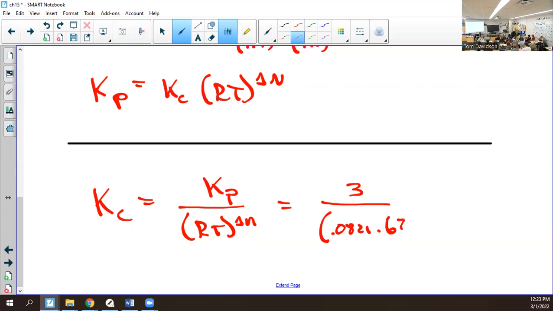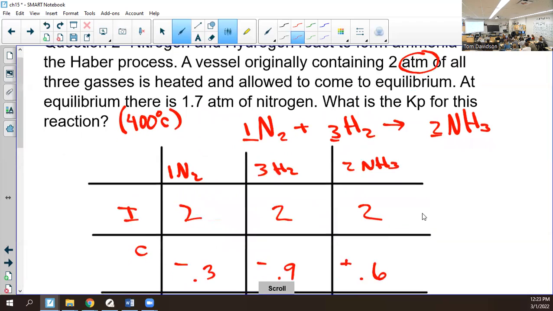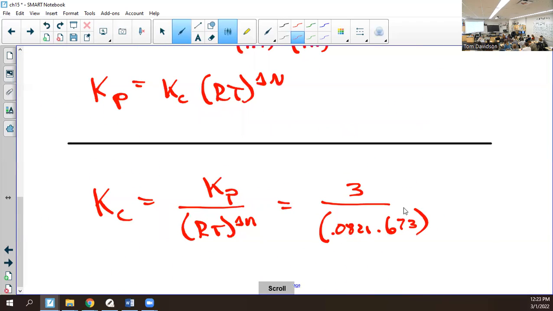T is 673, right? And then the change in moles would have been 2 minus 4. Is that right? I'll check. Okay, 2 minus 4.